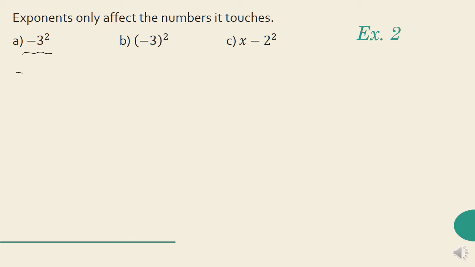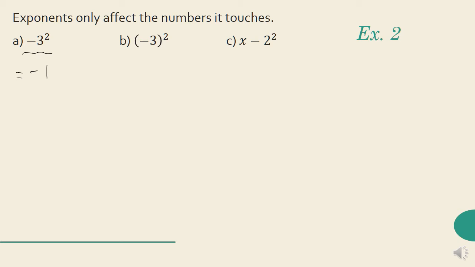Now, if that's you, that's fine. And if you're thinking, well, I thought anything squared is always positive, you are correct. However, really what that means is that the exponent is only applied to the 3 and not the negative out front.